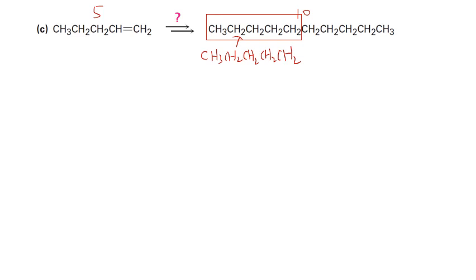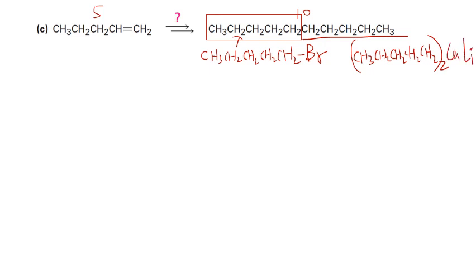So you have 5 carbons with a chlorine or bromine. That's the alkyl halide. And these 5 carbons come from a Gilman reagent. CH3, CH2, CH2. So it's pentyl: 1, 2, 3, 4, 5. That's a pentyl, but you have di. Yes, dipentyl copper lithium.